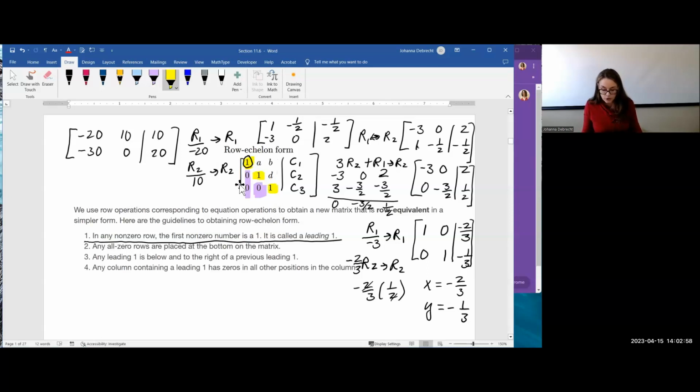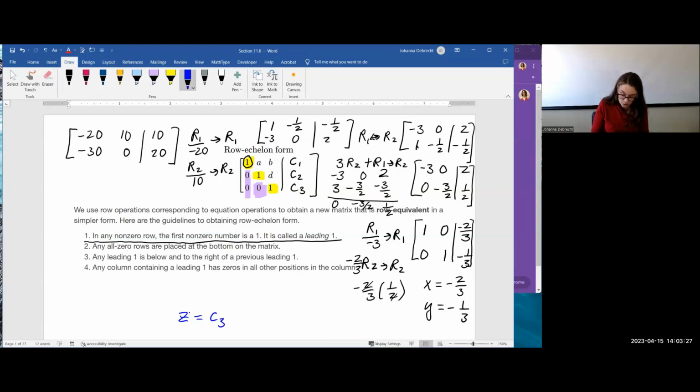So if we're looking at this particular problem in row echelon form, I know column 1 represents X's, column 2 represents Y's, and column 3 represents Z's. And these are all constants. So this tells me from the third equation that Z is equal to whatever constant 3 is, 5 or 7, whatever it is.